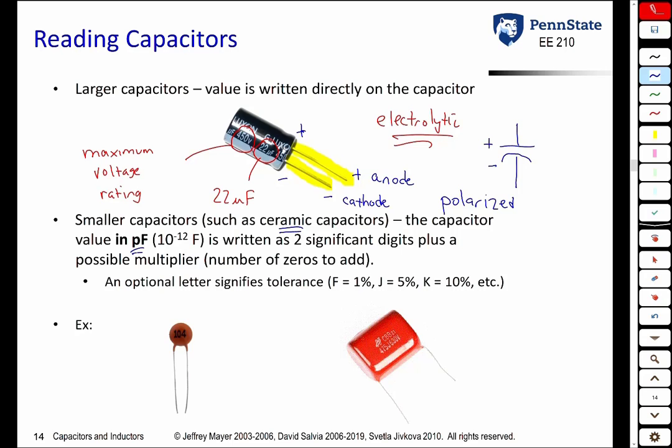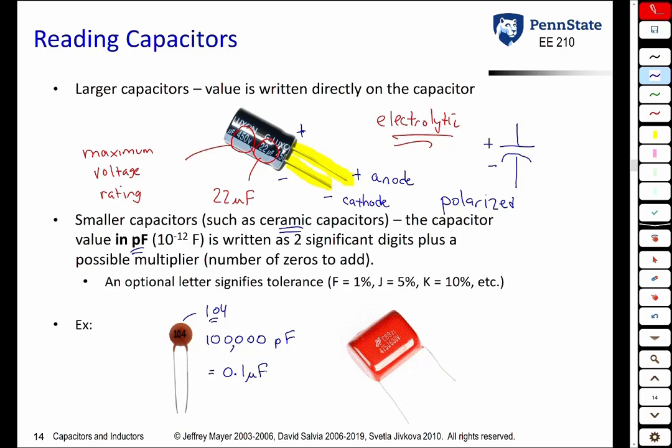The third one is a number of zeros to add, and that tells you how many picofarads the capacitor is. So if you look at this one, 104 is the number on there. What does that mean? The first two are significant digits, 1, 0, and then the 4 means you add 4 zeros, and that is in picofarads. So it's 100,000 picofarads, or 100,000 times 10 to the minus 12, which is the same as 0.1 microfarad.